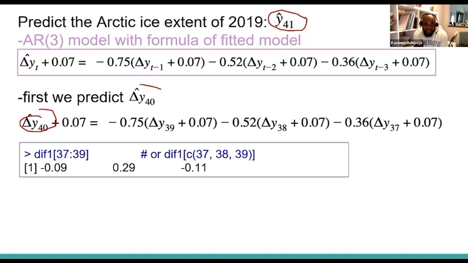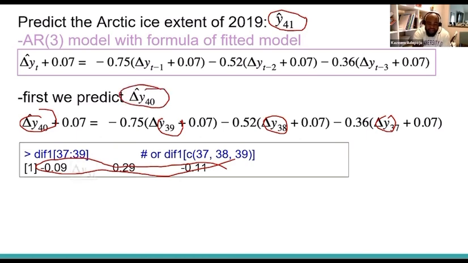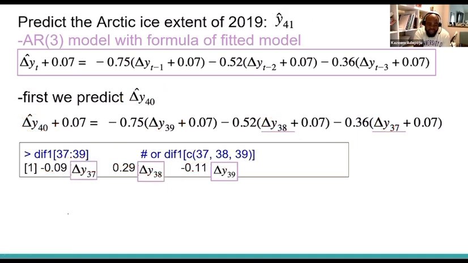I need data points 37, 38 and 39 in my differenced data. That is going to give me all this. Then I plug in here and here, and I get this guy out. That is what all those ones stand for. Does that make sense?